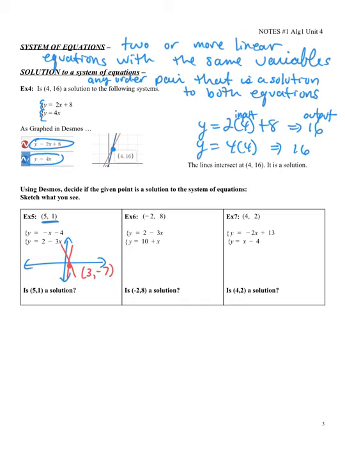So because they intersect at (3, -7), (5, 1) is not a solution. It is not the point of intersection.